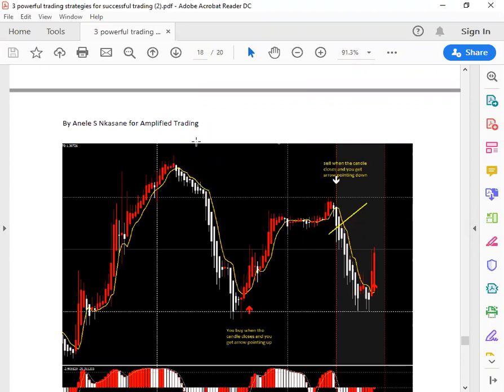Depending on the markets that you are trading, if you are trading a broad spectrum of markets, typically you're going to have a take profit and a stop loss that is suited for that particular currency pair.